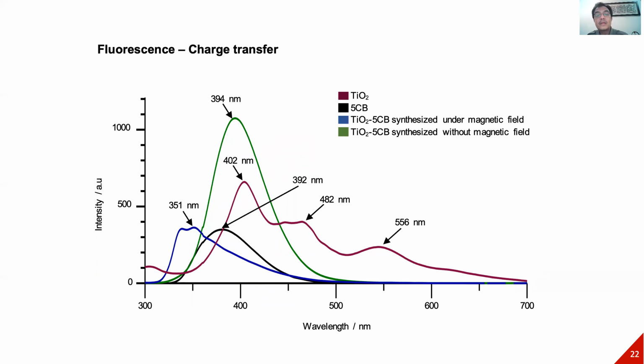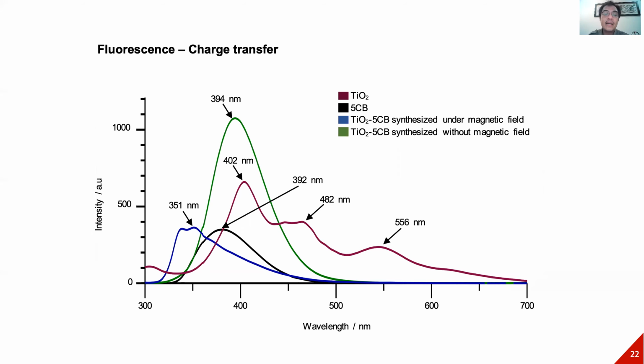This is the fluorescence spectra of the titania 5CB synthesized under magnetic field and without magnetic field, which is also different. It is related to the difference of the electronic properties and hence charge transfer during the photoirradiation.